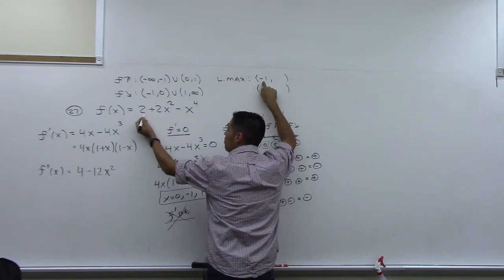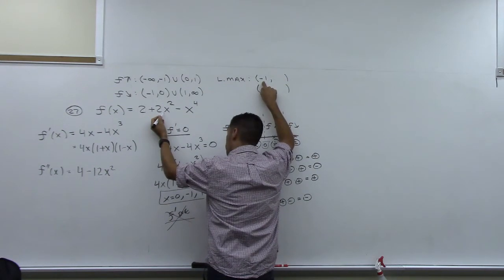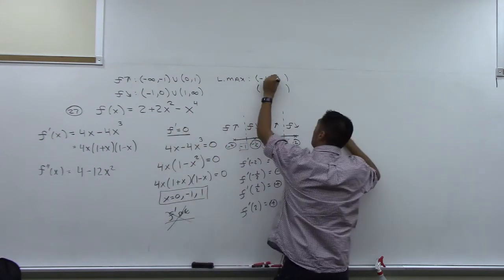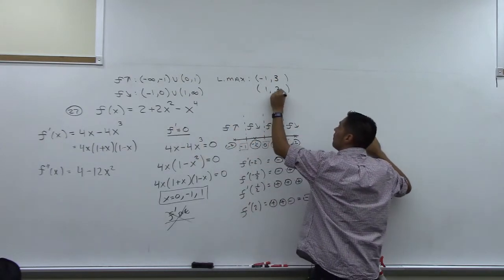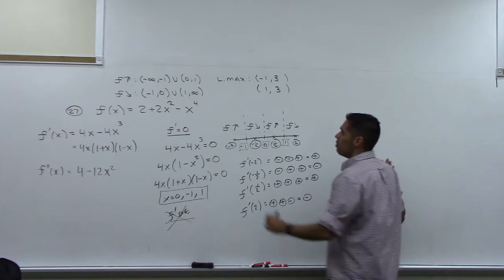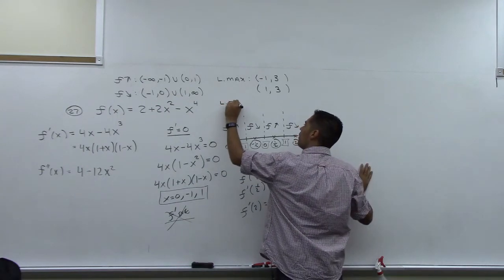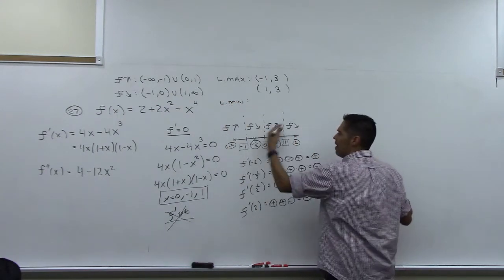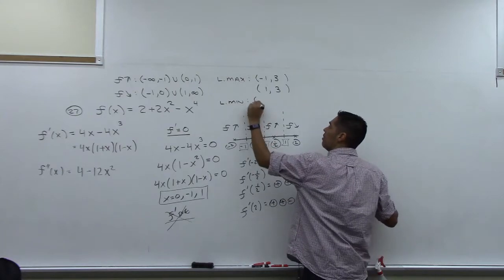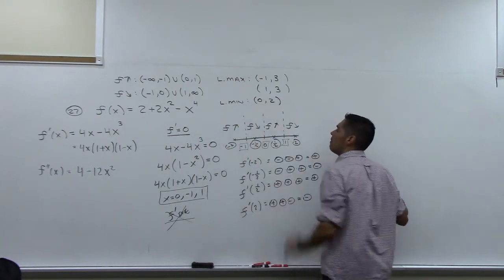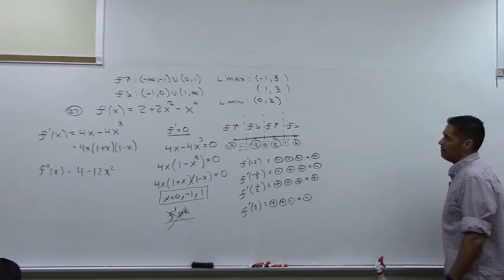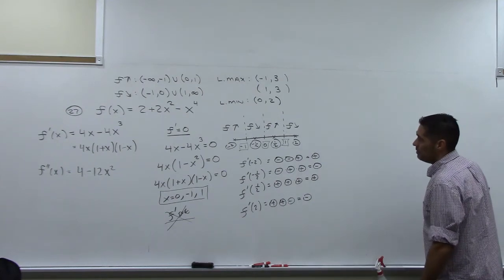So we're going to have 2 plus 2, that's 4, take away 1, that's 3. And we get the exact same answer if we plug 1 in there. We get 3. And then we have a local minimum. Let's see, where it goes down and then up. So when we plug in 0, and if you plug 0 in here, you just get 2.